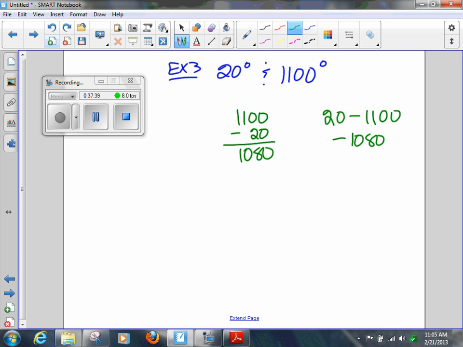Could I take 1080 and divide by 360? Yeah. And if you get a nice number and no decimal, then that would be happy, happy, happy, right?